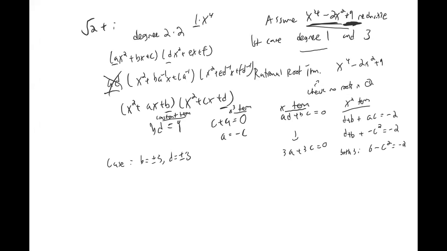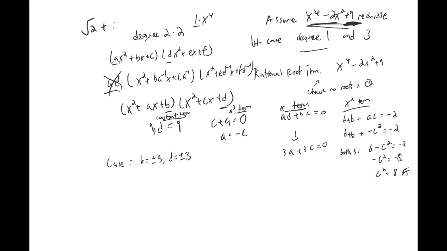If they're both 3, then 6 minus c squared is negative 2, so c squared is 8. So this can't happen, right? Because the square root of 8 is not a rational number.